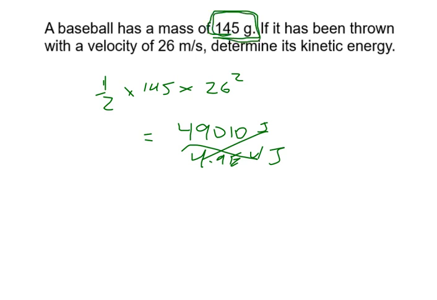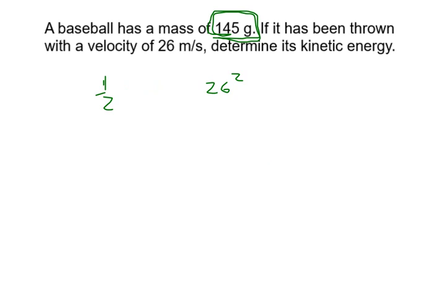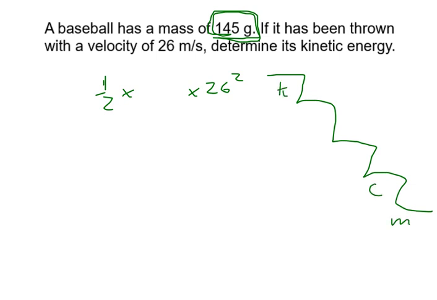This doesn't happen a lot, but be careful, because if you're measuring something in grams, not kilograms, we have to change that mass value. Grams to kilograms means you need to know that staircase kind of ladder, where there's millimeters and centimeters and kilometers and deca and deci. You need to know how that works.